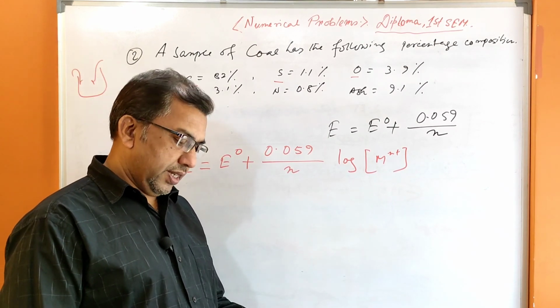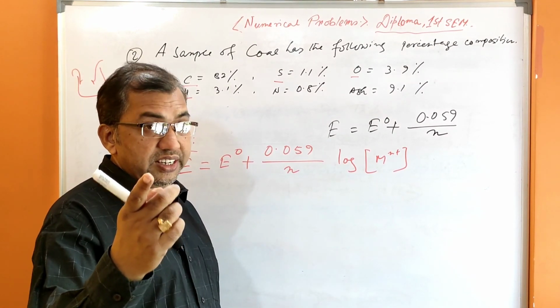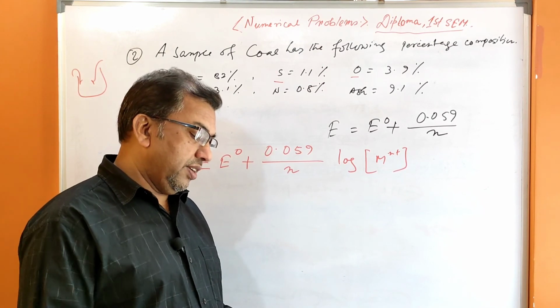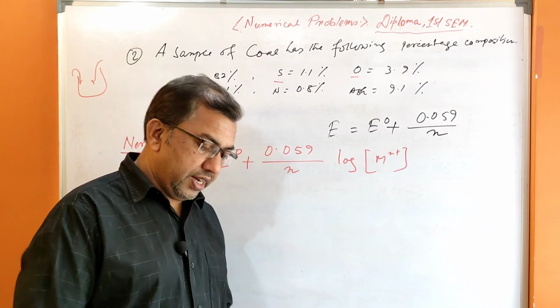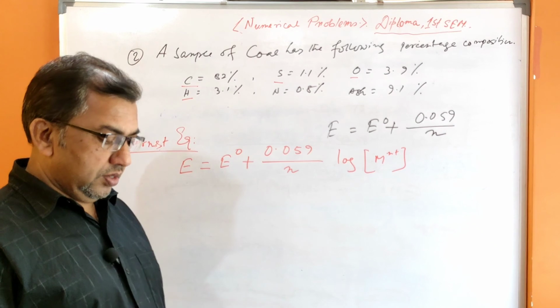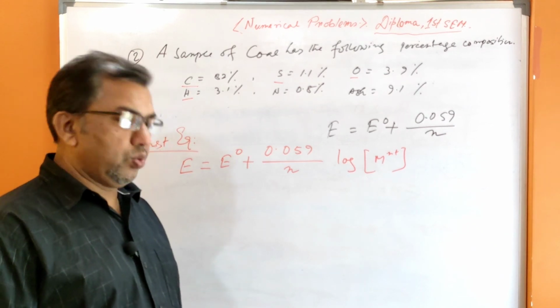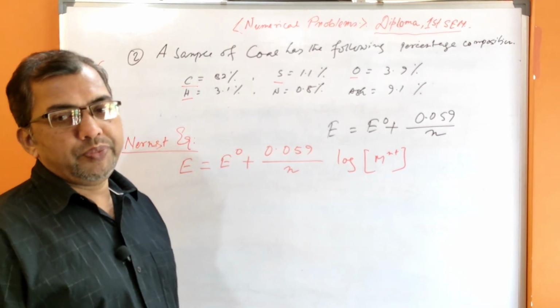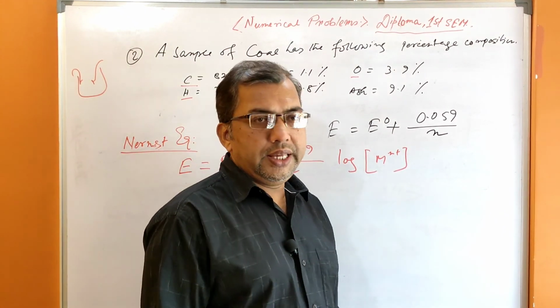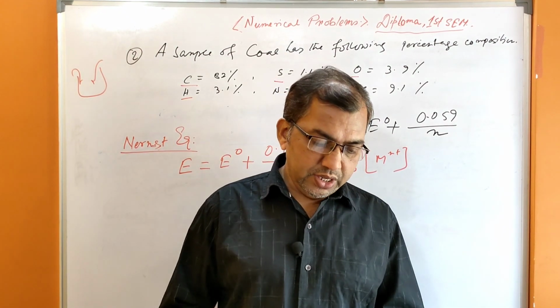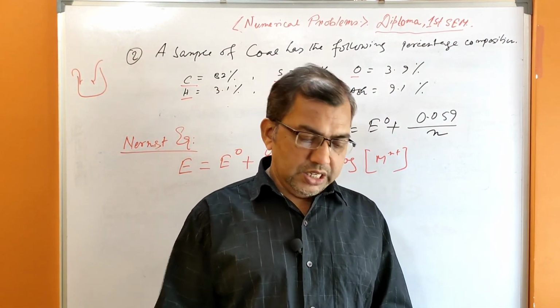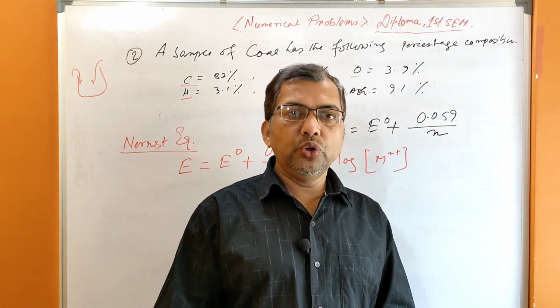Cd 2 plus by Cd half cell reaction, this is for the cell reaction. What would be the reduction potential at 25 degrees centigrade if the cadmium 2 plus ion concentration was 0.01 M? Here E0 is given, you have to find E. E0 is given as 0.0402.